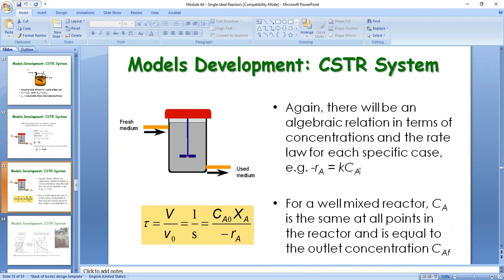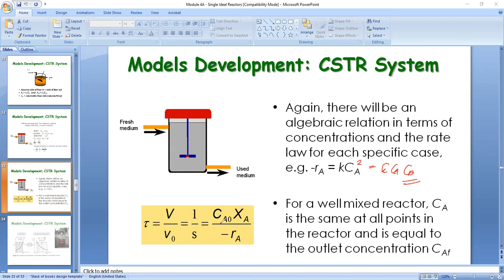Your rate can be this one if it's first order, for example. If it's second order, then you will have to change it to this one. Or it could even be k CA CB. You just have to express B in terms of A. That way you can process everything.